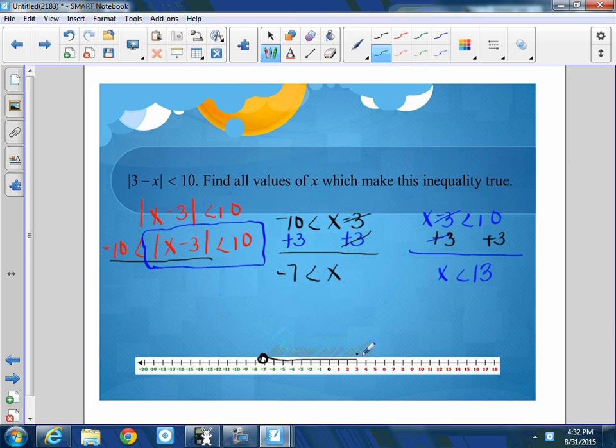The values that are greater than negative 7 go this way. Now I'm going to put another open circle on 13. And then the values that satisfy this inequality have to be less than 13. So that will be that way. Which means it's anything that's inside the common area, which would be those right there. So let's write it. It would be negative 7 and 13. Well, I cannot just say that it's equal to because it has. It's the union of those two.